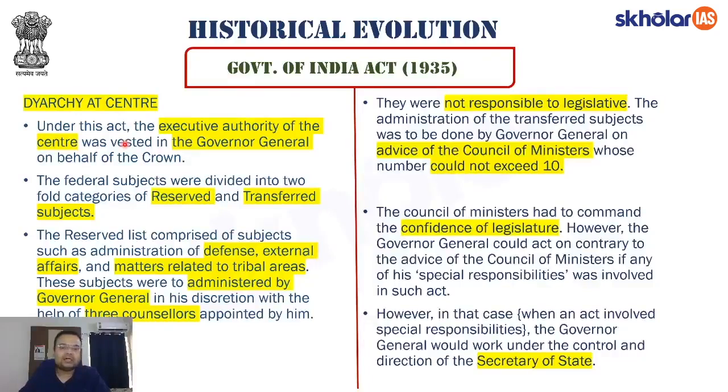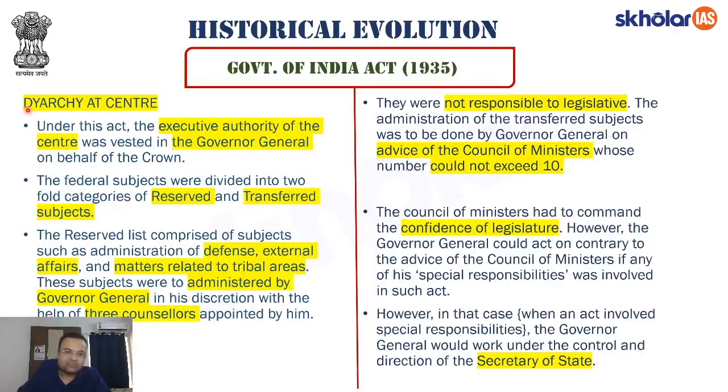Anyways, under this Act, the executive authority of the center was vested in the Governor General on behalf of the Crown. The idea was that the executive authority will be exercised by the Governor General. This is what it said in the Government of India Act 1935, and the Governor General will of course be working in the name of the Crown. What exactly is the meaning of diarchy? We have already studied.